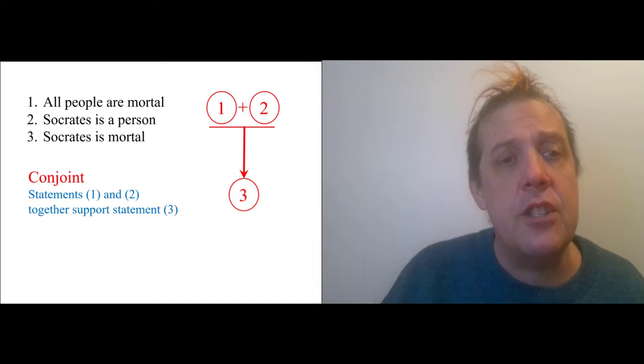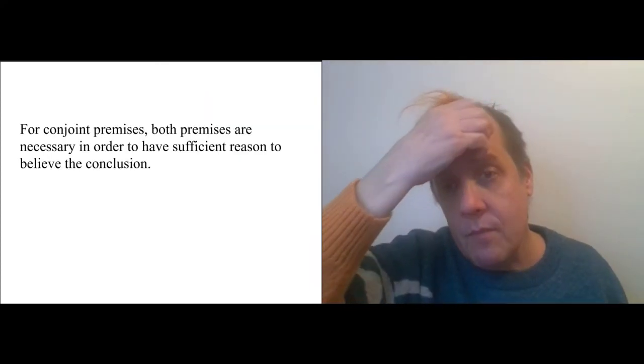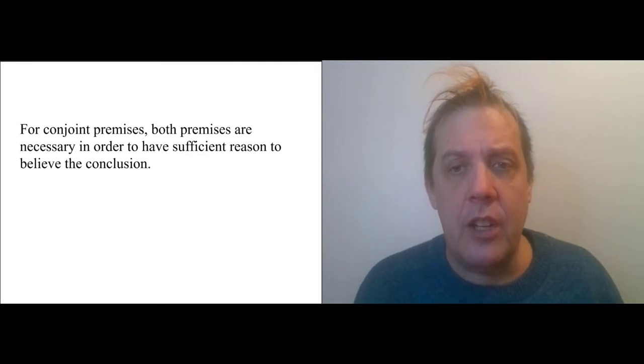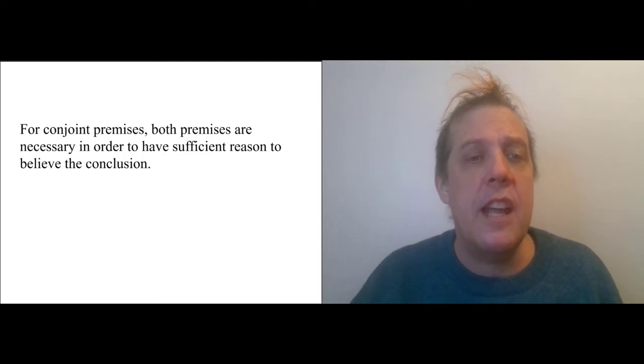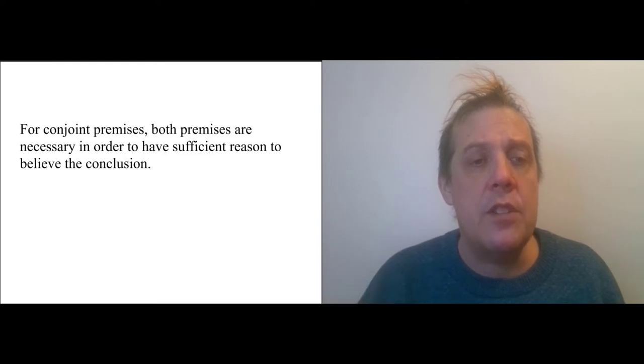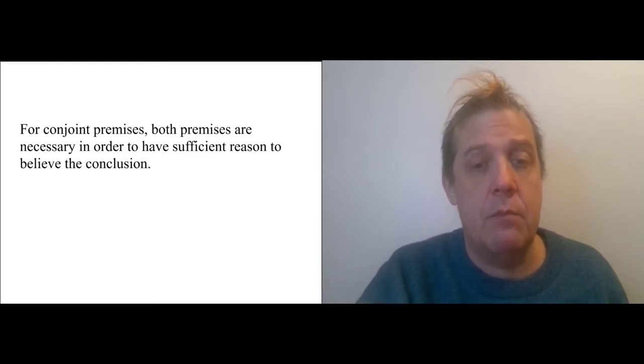You need the additional premise that Socrates is a person. Okay, so for conjoint premises, both premises are necessary in order to have sufficient reason to believe the conclusion in that context.